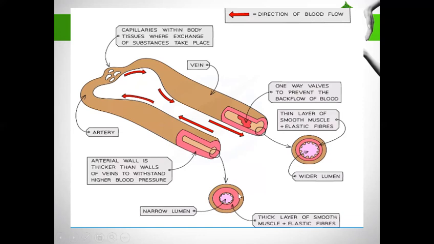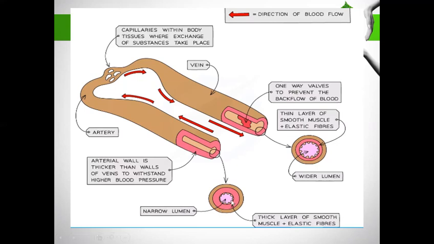But if you study the vein, you'll see that the internal lumen of the vein is broad, but the walls are thin. The reason is that in the arteries the pressure of the blood is very high, but in the vein the pressure of blood is low.